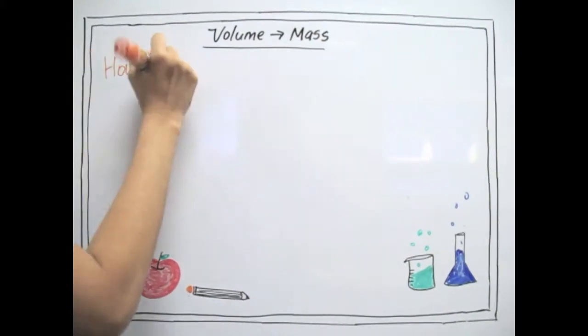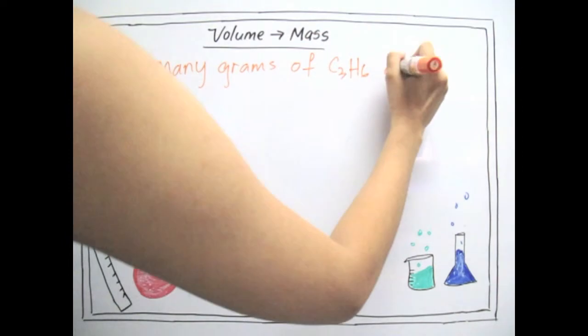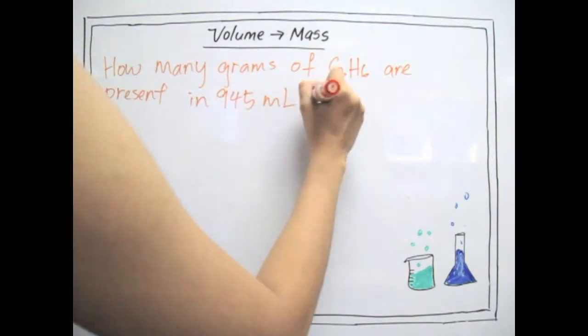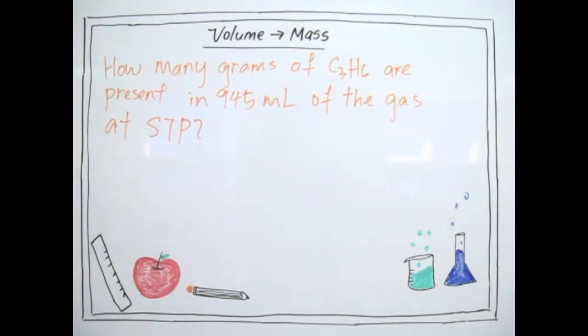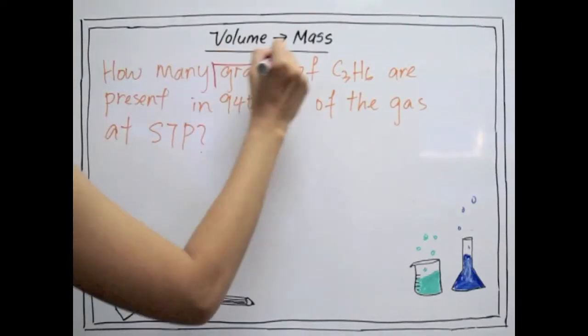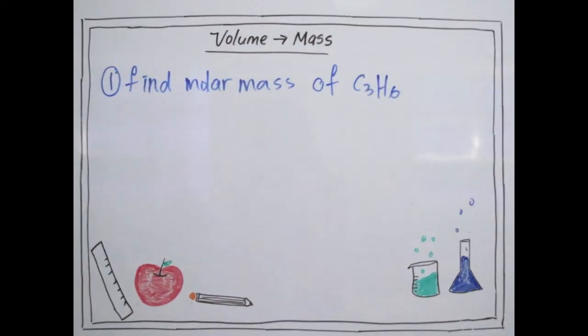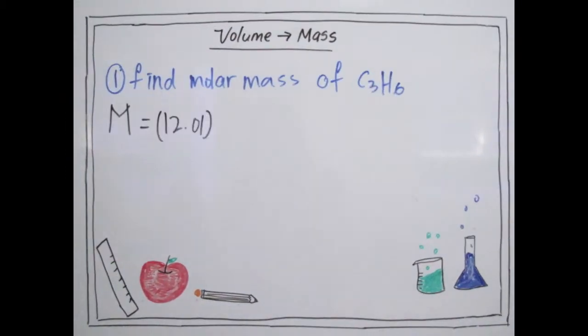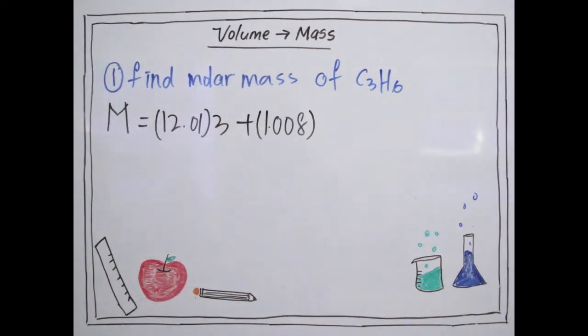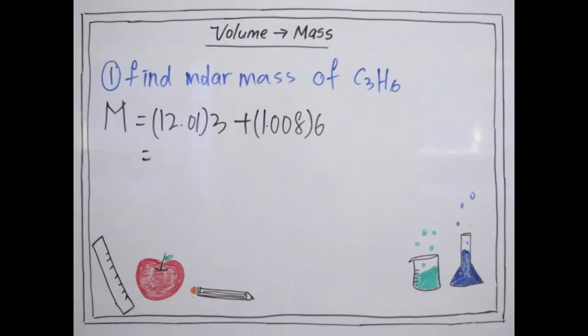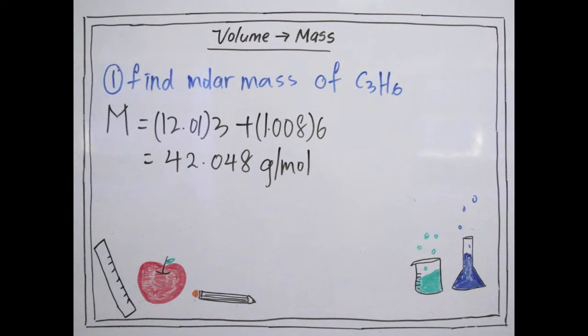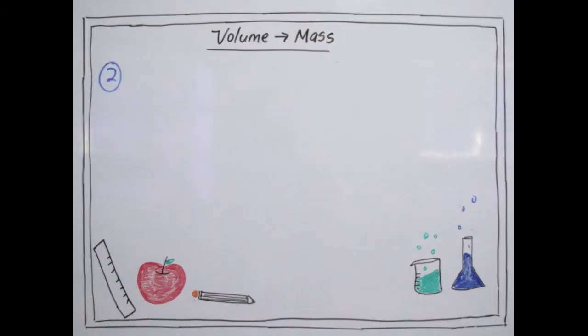Here we'll show you an example for volume to mass calculation. How many grams of C3H6 are present in 945 mL of the gas at STP? The first step is to find the molar mass of C3H6, which is 42.048 grams per mole.